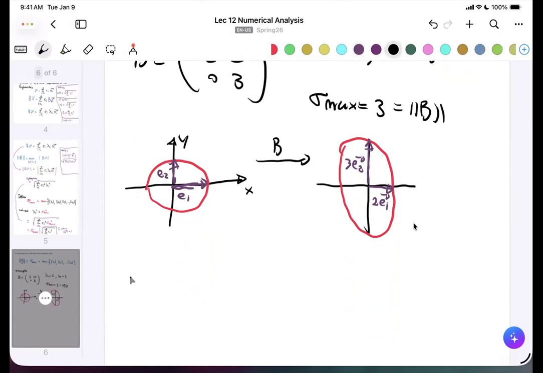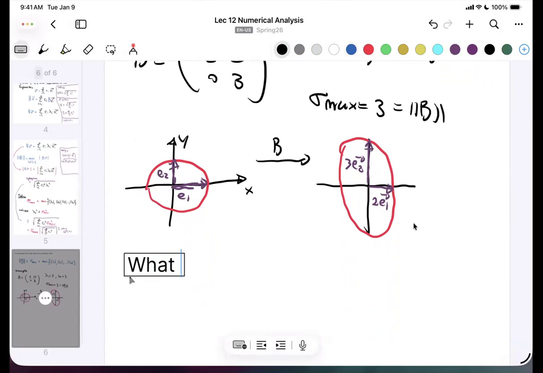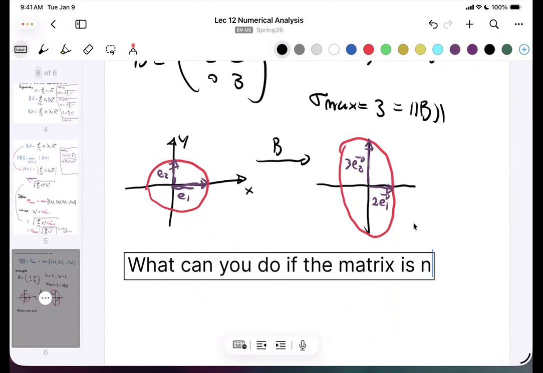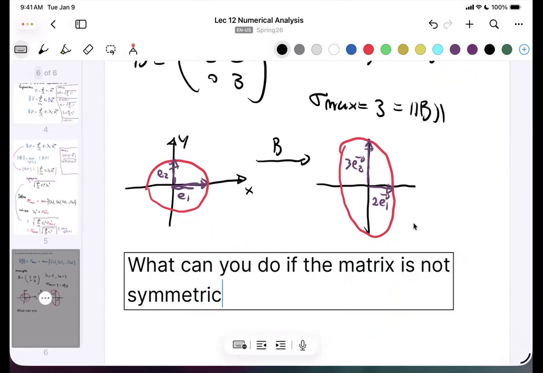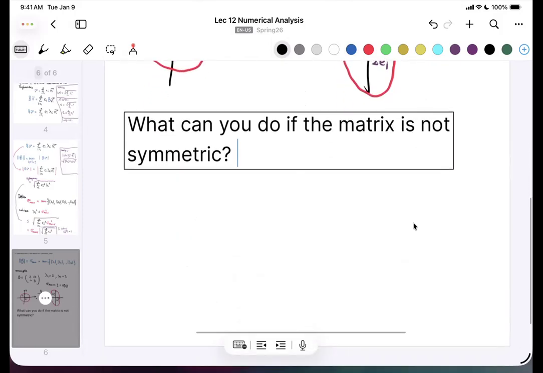So what can you do if the matrix is not symmetric? Remember, this is something we discussed already with the polynomial regression problem. If you have a matrix which is not symmetric, there is a cousin to that matrix which is always symmetric, which is the Gram matrix.